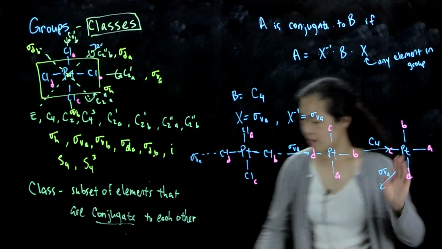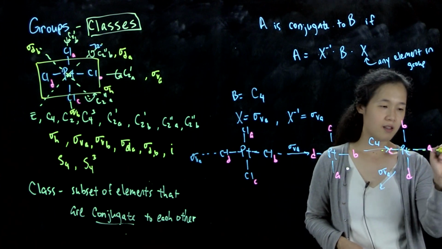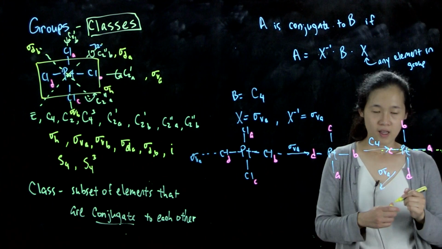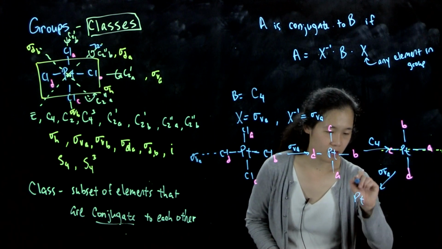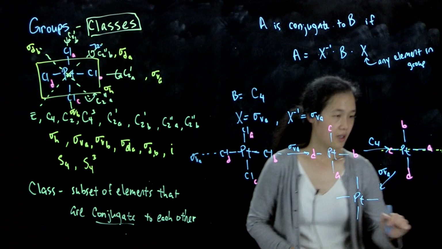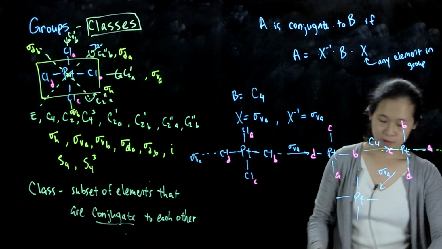And keep in mind, the symmetry operations themselves don't move, so we still do sigma VA along here. And then our final orientation: A and C stay in the same spot because they're along this mirror plane. B and D will flip.